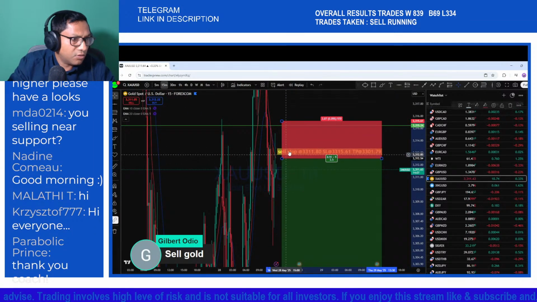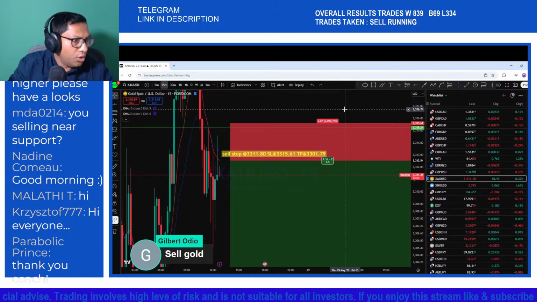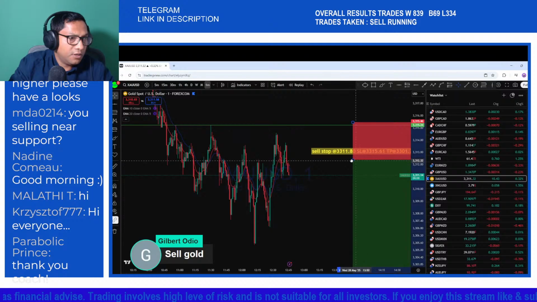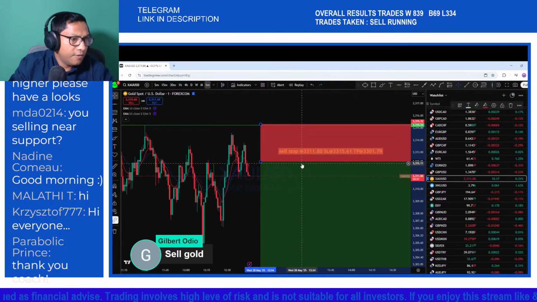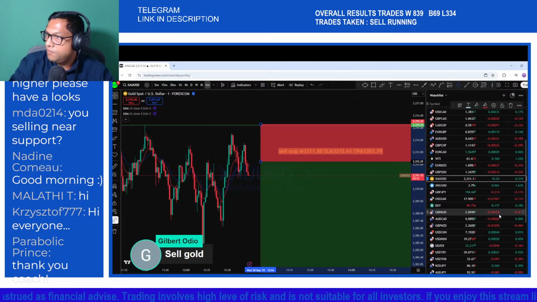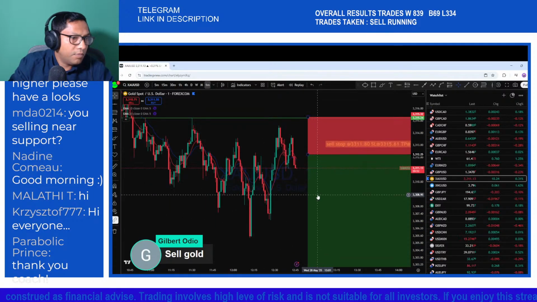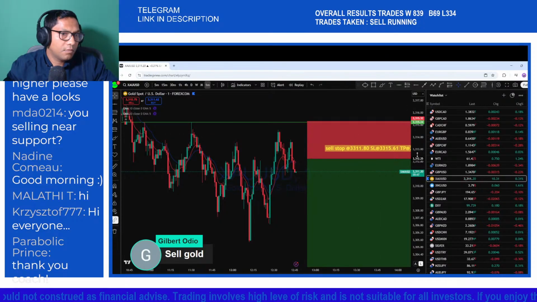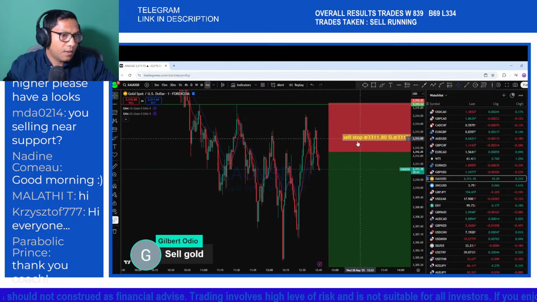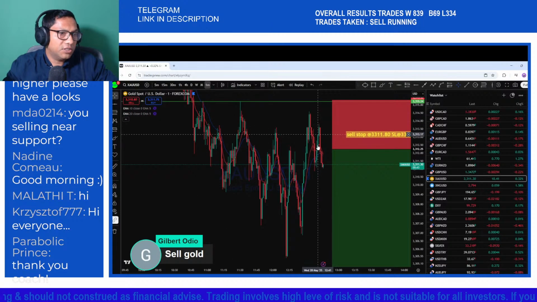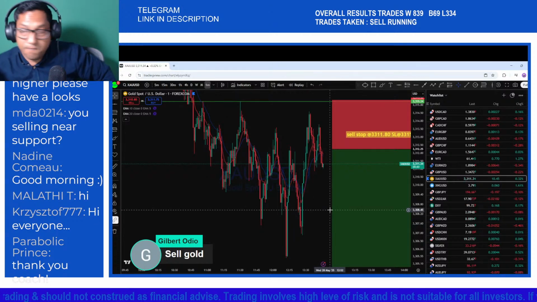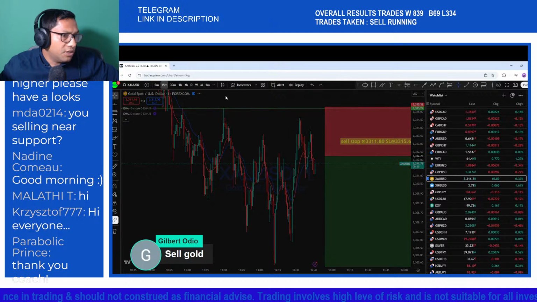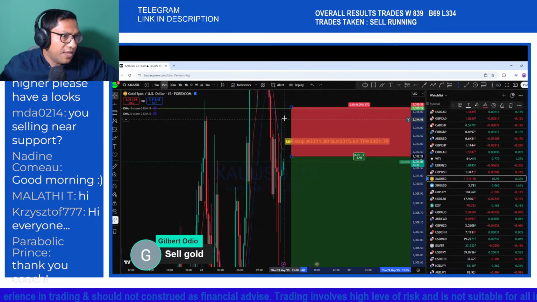There's a 15 minute candle closed with a long wick rejection, and here is the 1 minute candle closed. All right, so here we are expecting to break the support here. Now the way the market structure is formed, would like to see that it's breaking below, and sometimes the market tries to fill that gap.